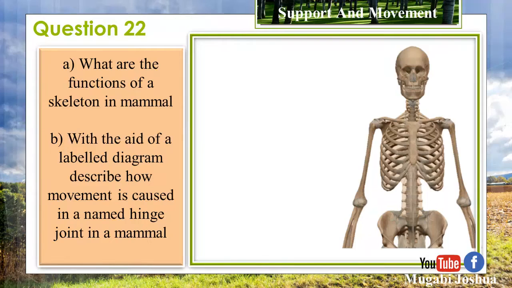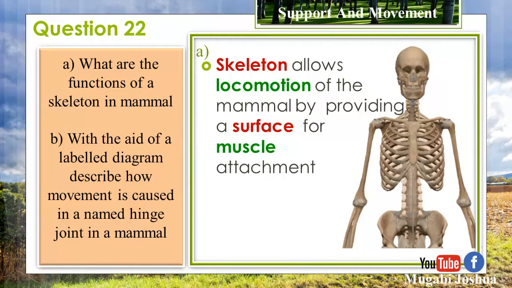Question 22. What are the functions of a skeleton in a mammal? Let's start with Part A. Skeletons allow locomotion of the mammal by providing a surface for muscle attachment.